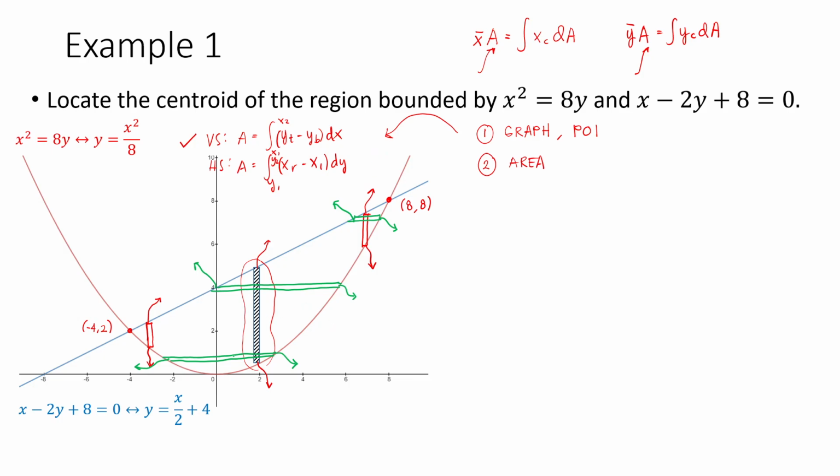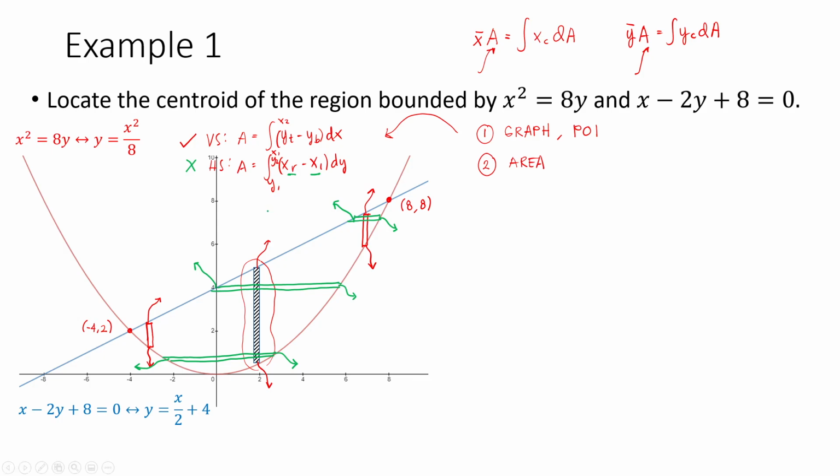The purpose of why we cannot let your strip be touching the same equation is that if your right and left are the same equation, the resulting integral will be 0, di ba? So we don't want that to happen in our process. In this aspect, you cannot use your horizontal strip because the distribution of your horizontal strip, anywhere I place it on the bounded region, is not consistent.